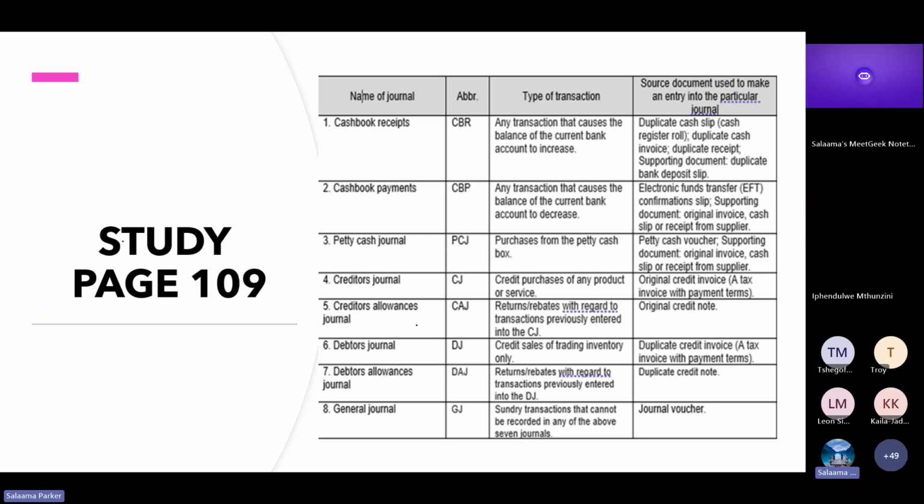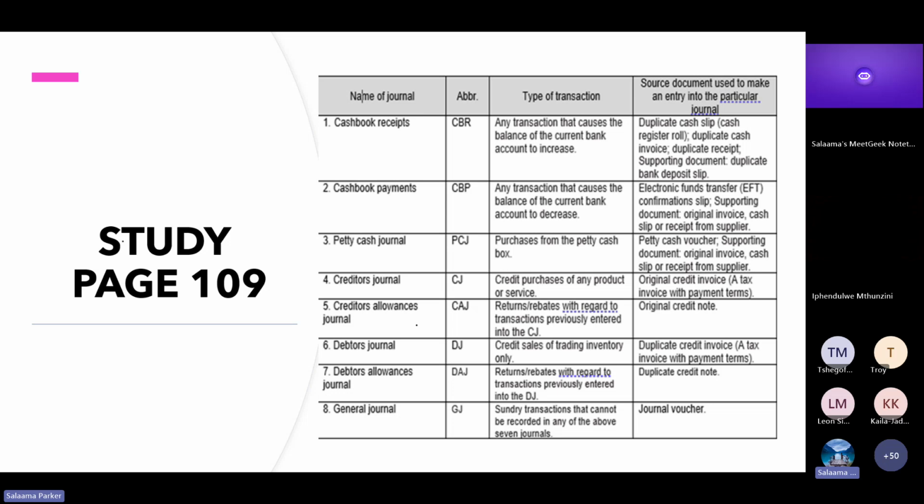Very important again, please to study the table on page 109. For now, we are only focusing on these 3 subsidiary journals for learning unit 4. In learning unit 5, we will go more into detail with the rest of the subsidiary journals, but do expect that you could get possible theory questions on all the journals.